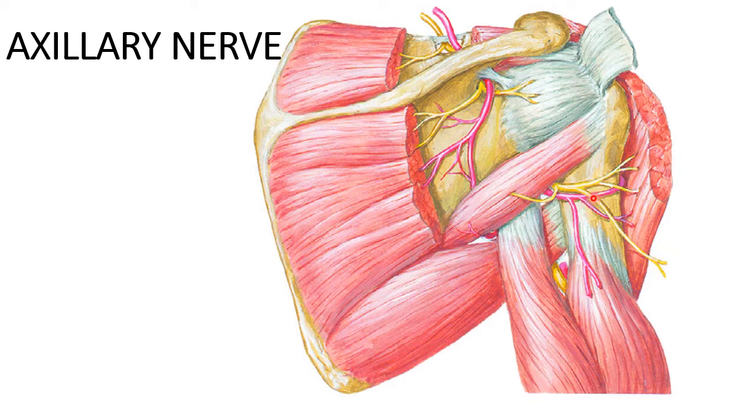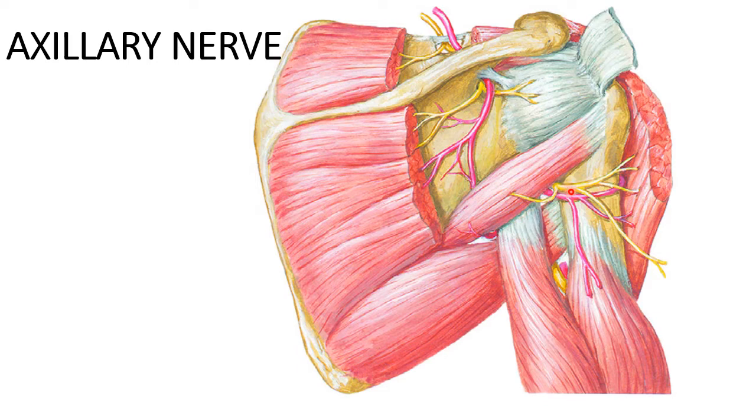So if they tie any nerve under the deltoid muscle which is encircling the surgical neck of the humerus, that structure is definitely going to be the axillary nerve.